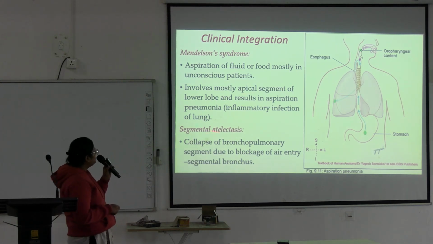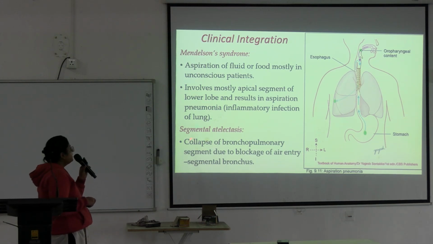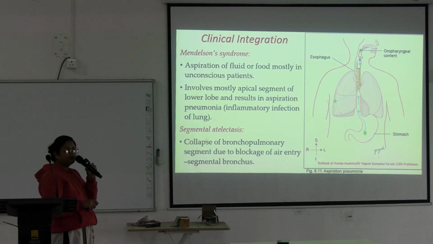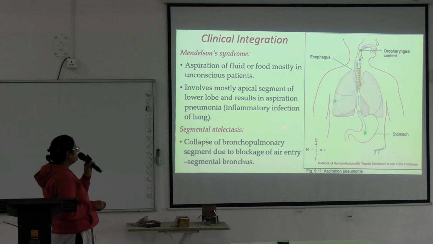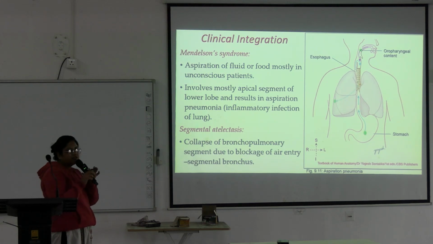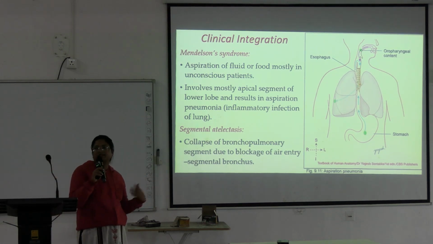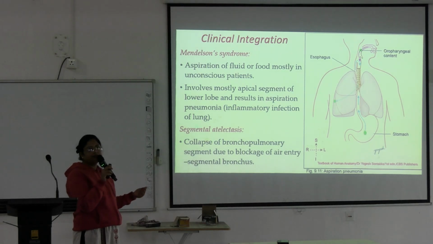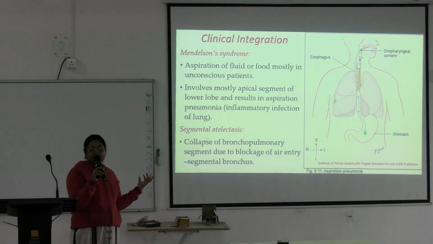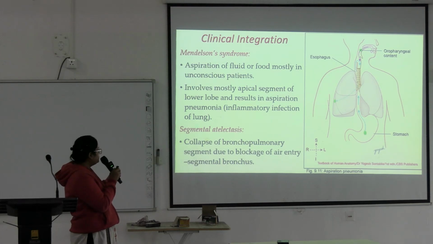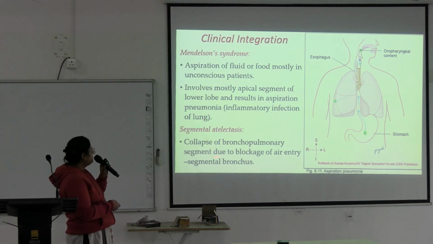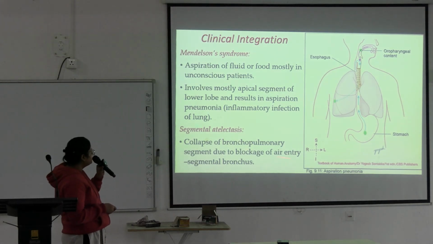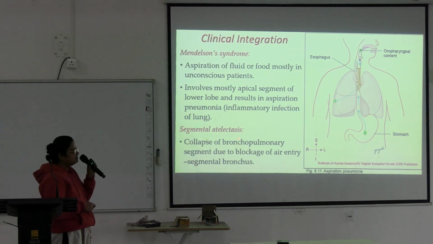Next is segmental atelectasis. Atelectasis means collapse of lung. It is collapse of a bronchopulmonary segment due to blockage of air entry through the segmental bronchus. Each segmental bronchus supplies one segment. So if there is blockage due to any reason, spasm or tumor or mucus, there will be collapse of that bronchopulmonary segment due to blockage of air entry through the segmental bronchus.